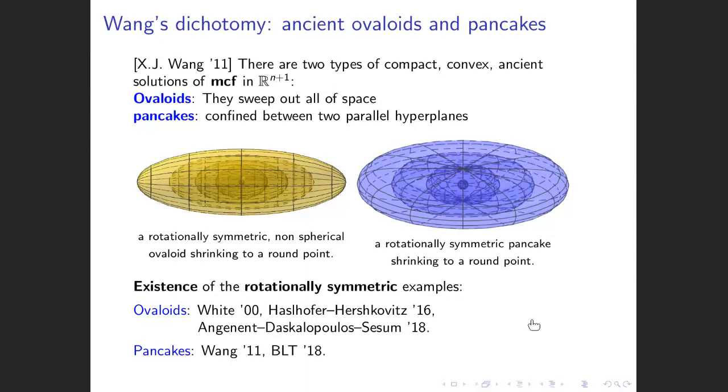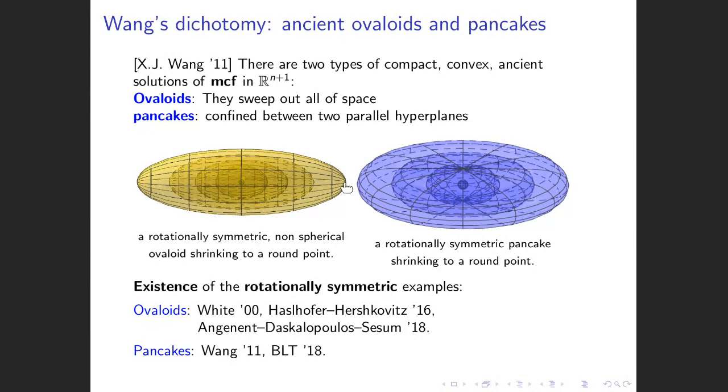In this case, for the rotationally symmetric examples, the ovaloid case was first described by Brian White, but he had a very brief description, and then Haslhofer and Hershkovits provided a more detailed construction, and finally, Angenent, Daskalopoulos, and Sesum gave a very, very detailed description of the rotationally symmetric example, giving precise asymptotics, meaning how, when I go to minus infinity, how does this point grow?